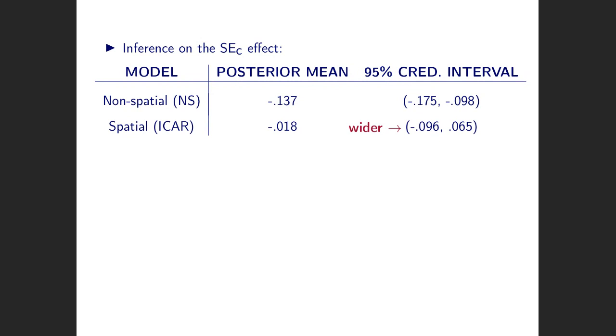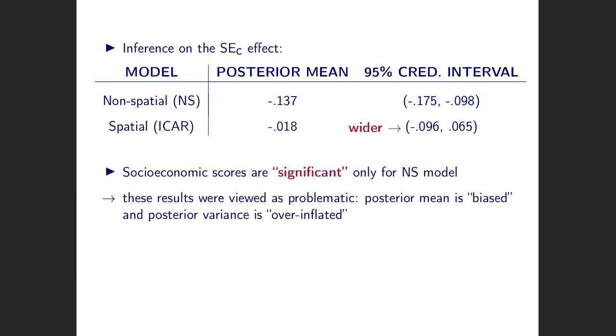For the spatial model, the coefficient on the socioeconomic status covariate is closer to 0. You'll notice that the credible interval is wider than it is in the non-spatial model. In particular, this credible interval here includes 0, and therefore might be deemed, informally, as not being statistically significant.